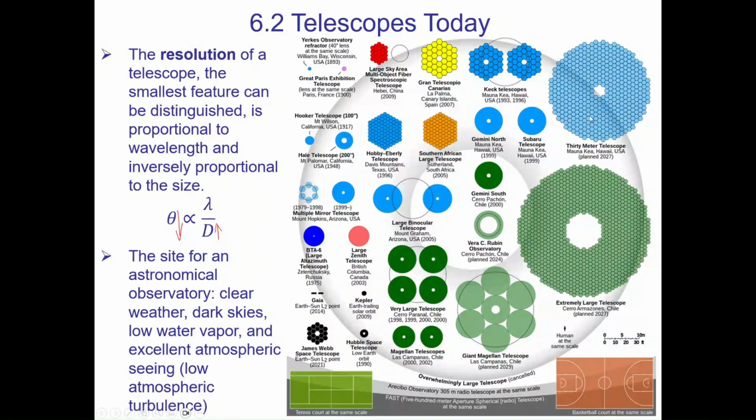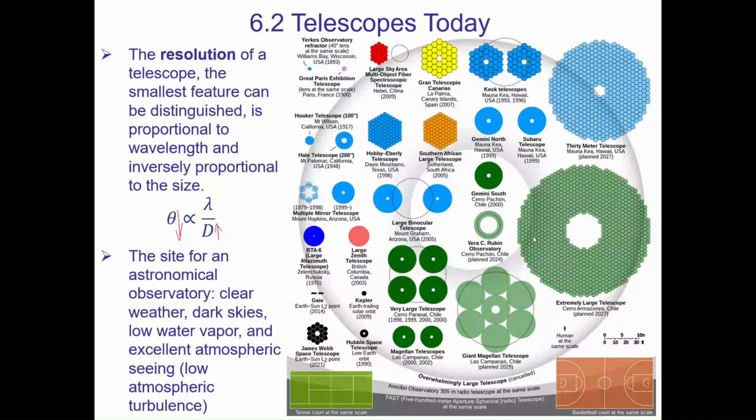So you can see later on, the ones that they actually planned use a lot of mirrors working together to collect the light as if they function as one single mirror. So you can see the reason astronomers like large mirrors, or the large size of the telescope, is because the larger the size, the better the resolution, the smaller the feature we can distinguish from the object.